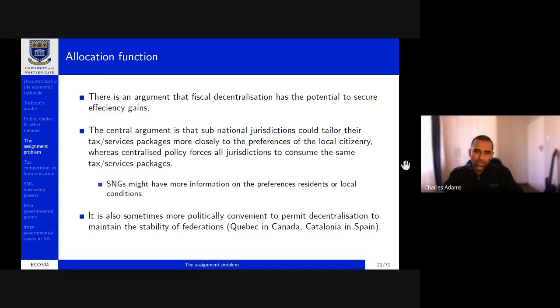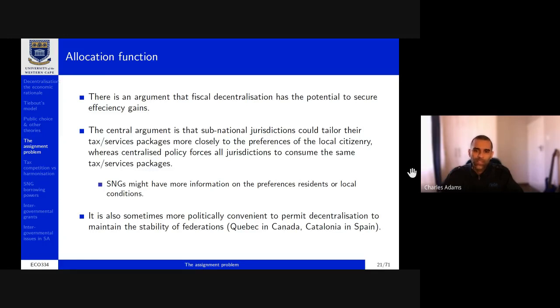And again, this gets to this argument of efficiency, particularly allocative efficiency, because citizens in different jurisdictions may have different preferences, as discussed under the Tiebout model.